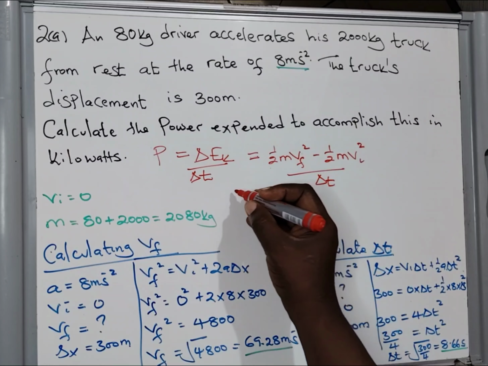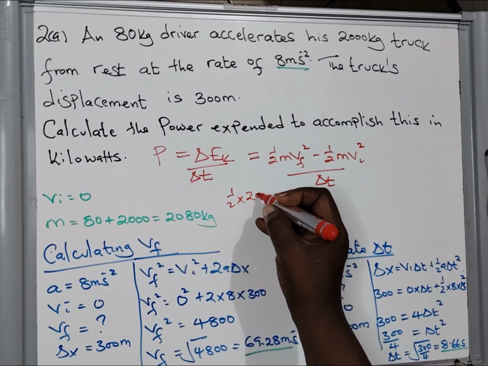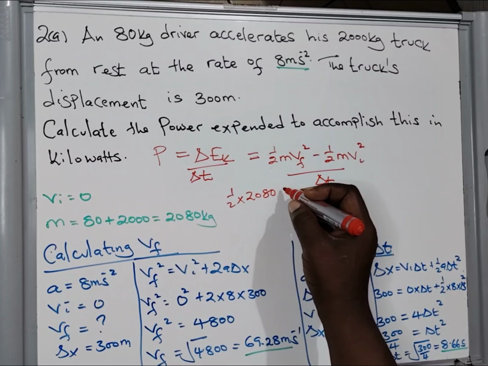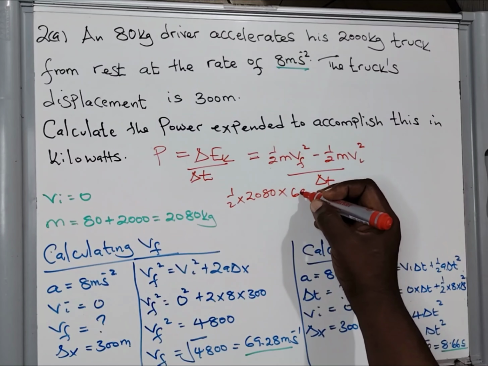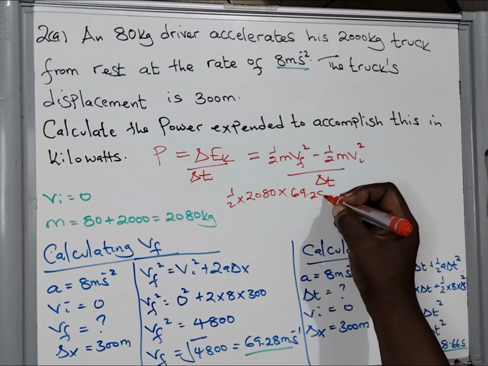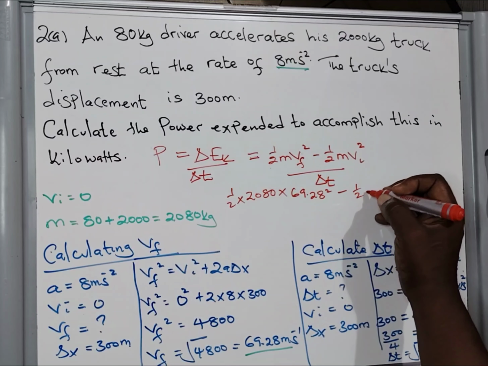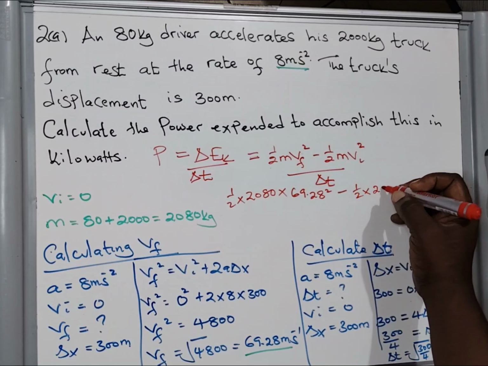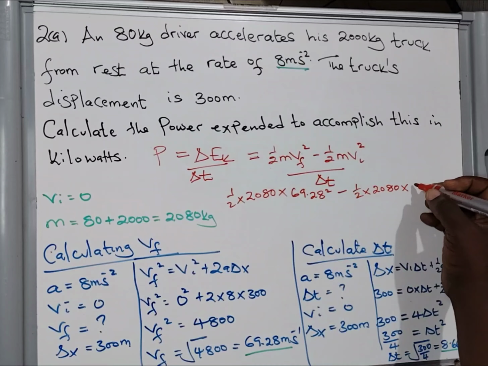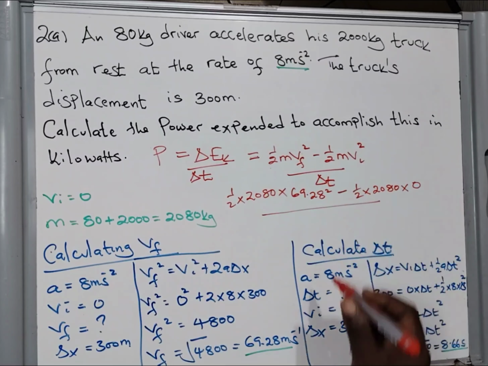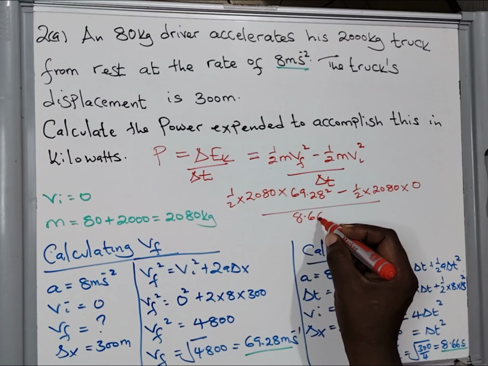We are going to have half times our mass, which is 2080, times the final velocity, which we've found as 69.28 squared, minus half times the same mass times initial velocity, which is 0, all this one over our time, which is 8.66.